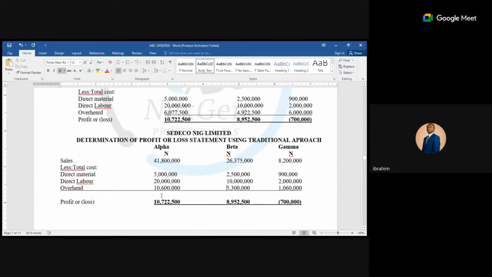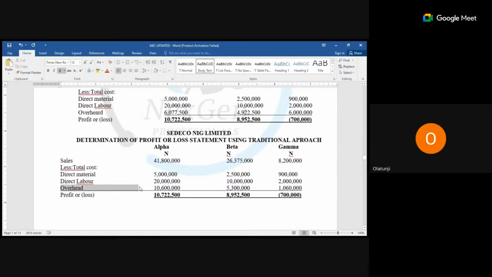Okay. So what do we have now? What is the profit? Do we have profits? Yes, there's profit in Gamma, 6.2 million. Okay. The first one, Gamma, or sorry, Alpha. Apologies.